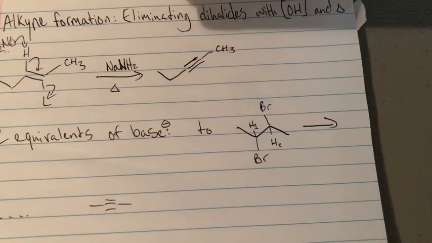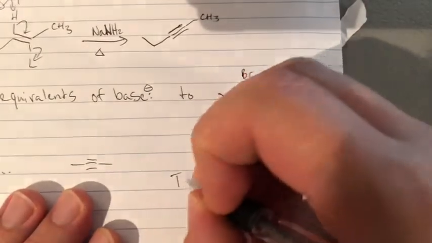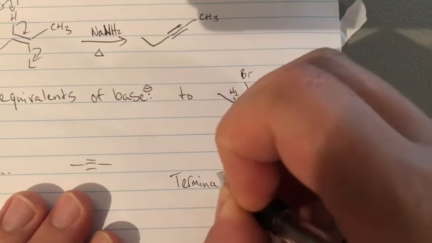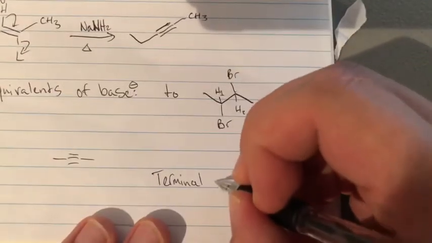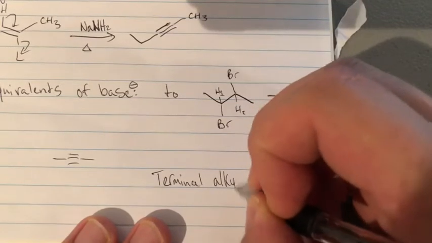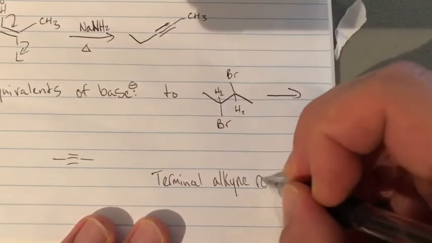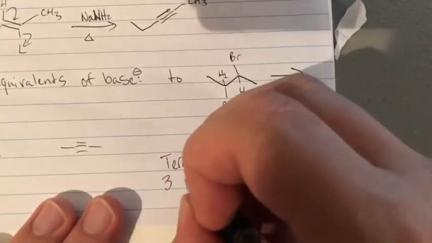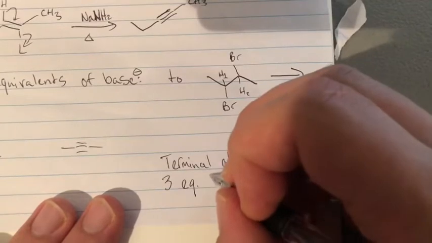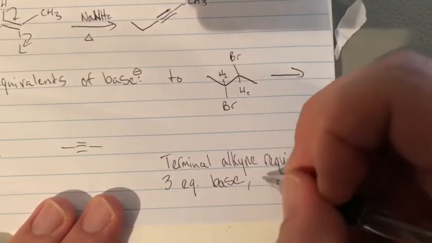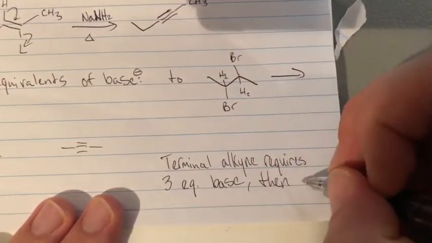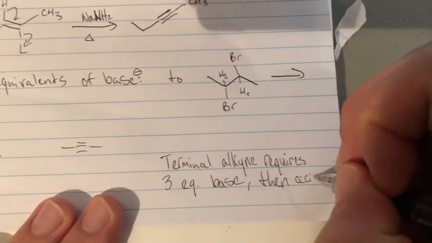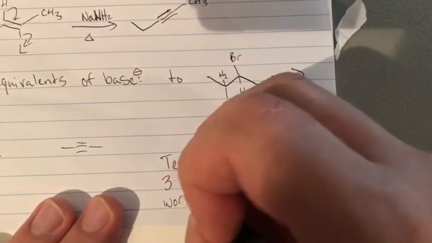So just bear in mind, terminal alkyne requires 3 equivalents base, then acid workup.